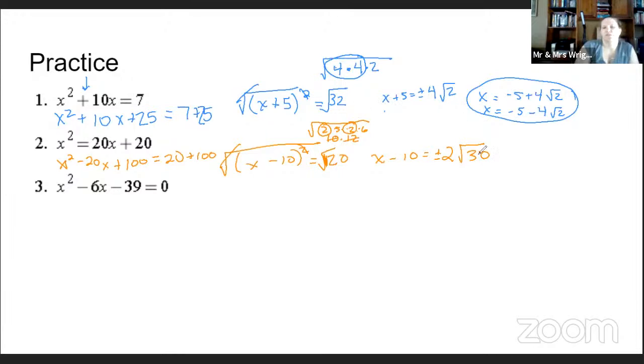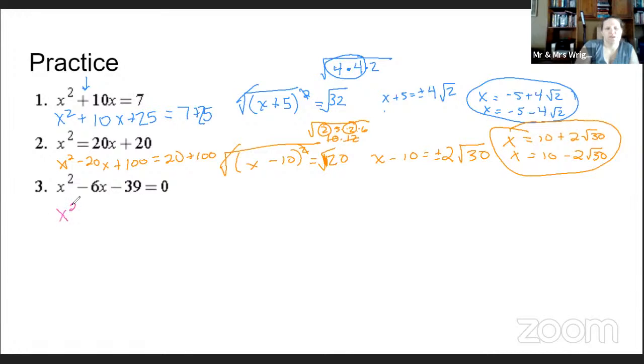All right, so we've got x equals 10 plus 2 square root of 30. I took this negative 10 from the left and moved it to the right. X equals 10 minus 2 square root of 30. When I move it to the right, it changes from negative 10 to a positive 10. And those are my two exact answers.